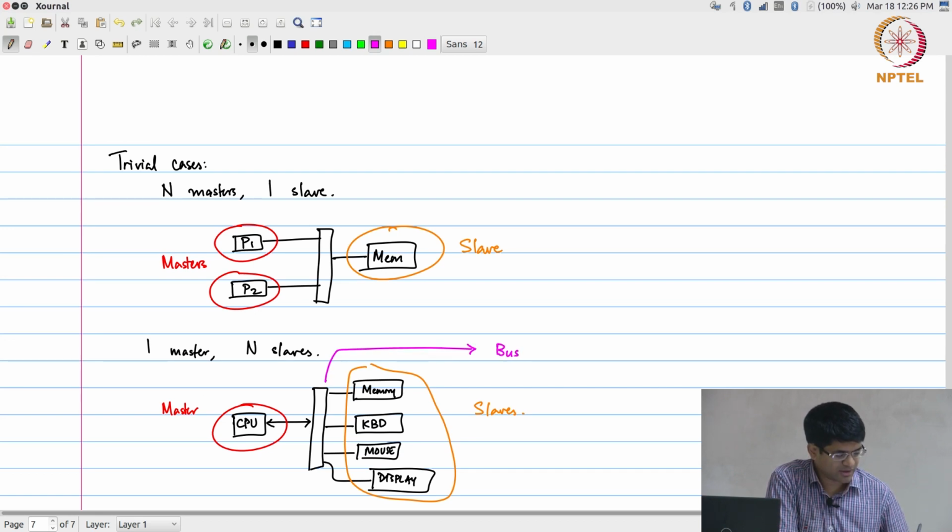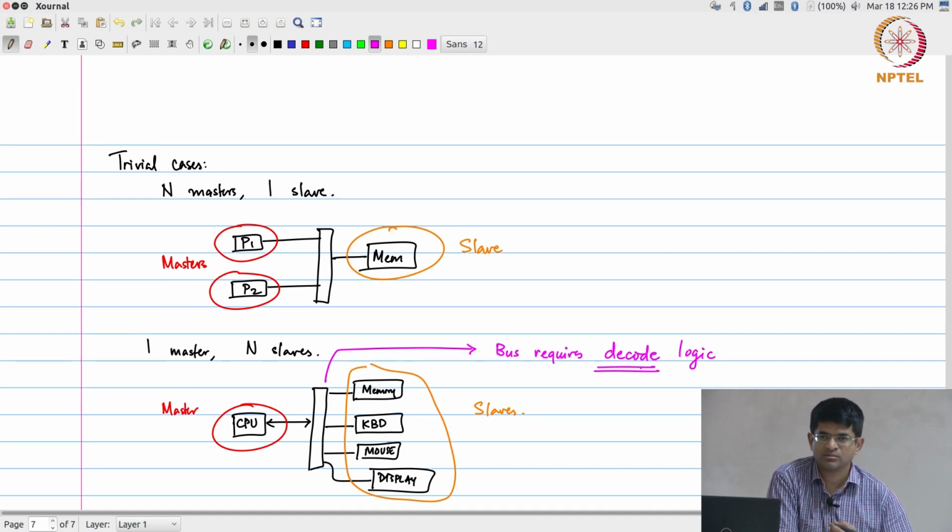Okay. All that it needs is that the bus over here requires some kind of decode logic, right. And what the decode logic means is the CPU is not able to talk directly to the memory or to the keyboard.